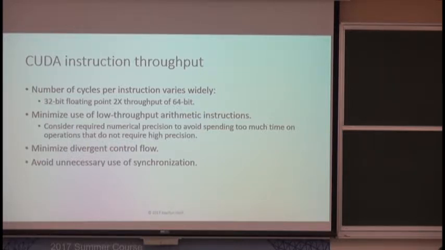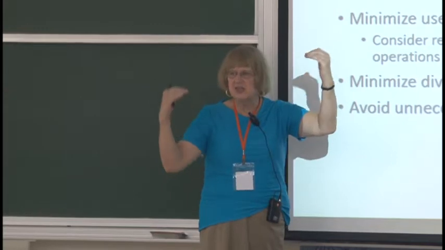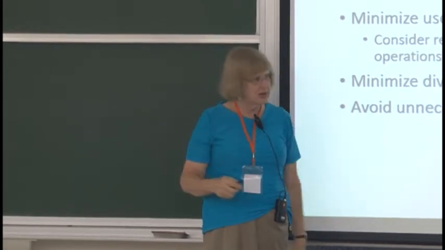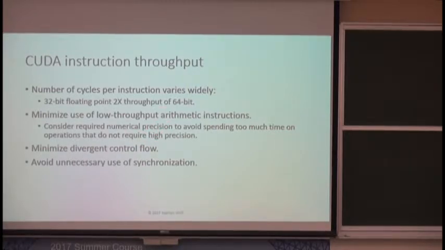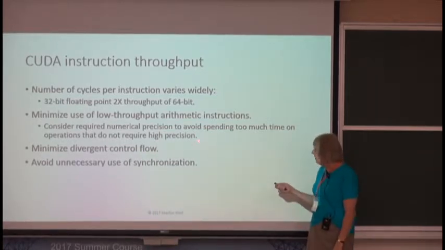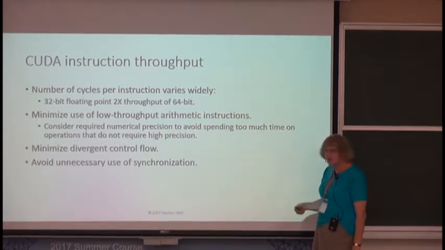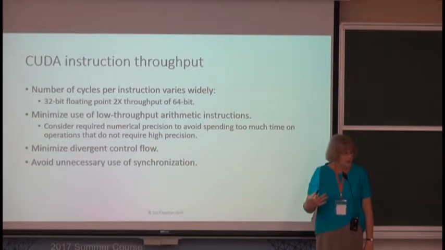So if we want to minimize time in general and reduce the effects of this desynchronization, we want to think carefully about some of these low throughput arithmetic instructions. Even at the GPU level where numerical precision comes relatively easily, we may want to think about how much precision we need so that we don't use expensive operators for things that don't really need them.